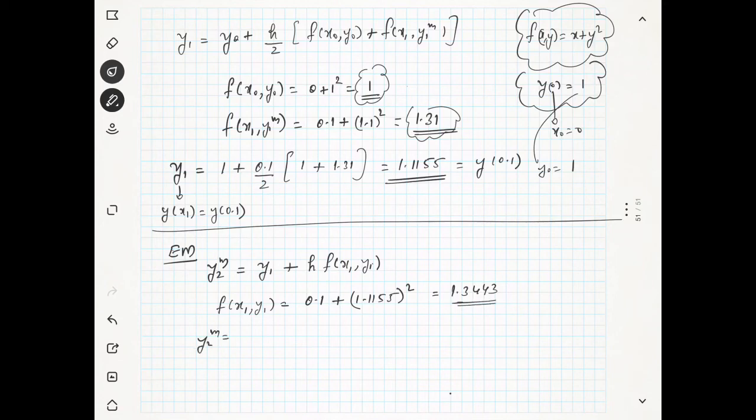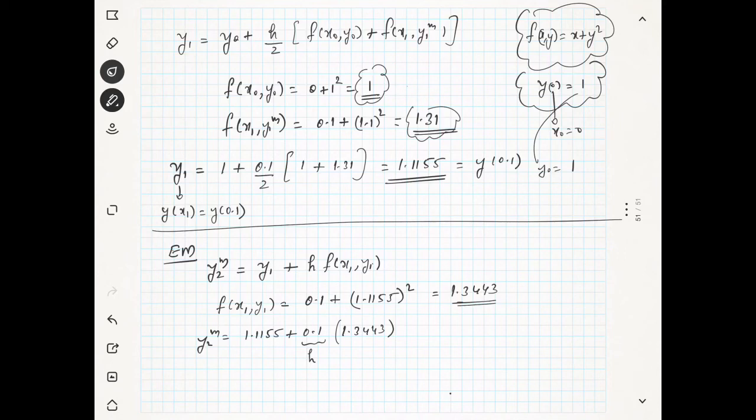Now y2m is equal to y1, which is 1.1155, plus h into f. h is 0.1. So 0.1 into 1.3443, plus 1.1155.